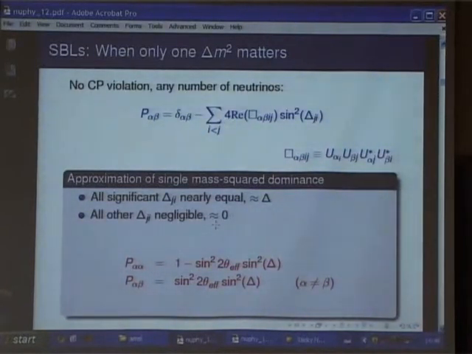So now what happens? Now we will be able to write down our P alpha alpha, the probability of survival, as 1 minus something times sine square delta. Because either your delta ij will be equal to delta, which is the maximum one, or it will be negligible, so 0. So it's possible that you have many terms here, but all the terms which are non-zero will have a factor of sine square delta.